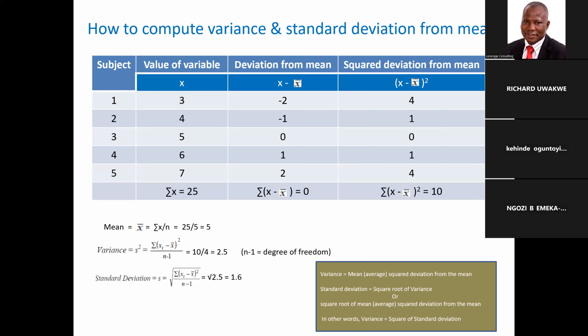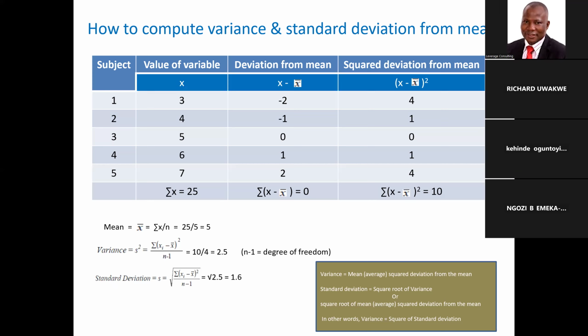So we cannot quote our mean with a measure of dispersion whose unit is squared. Since the step in producing variance is to square, in reversing it you calculate the square root.